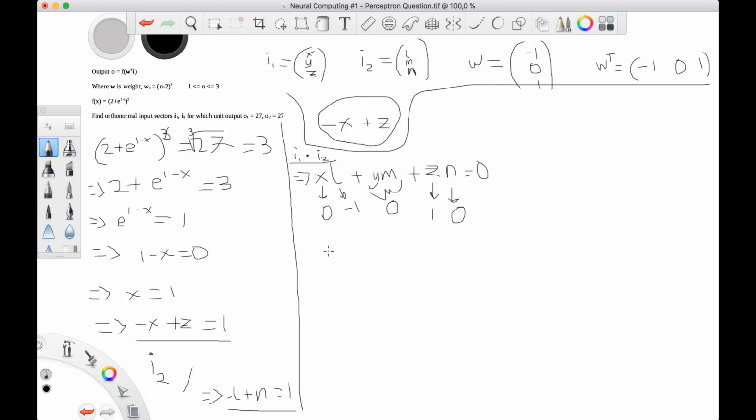Well, in this case, let's write out I1. I1 is 0, 0, 1. I2 is minus 1, 0, 0.